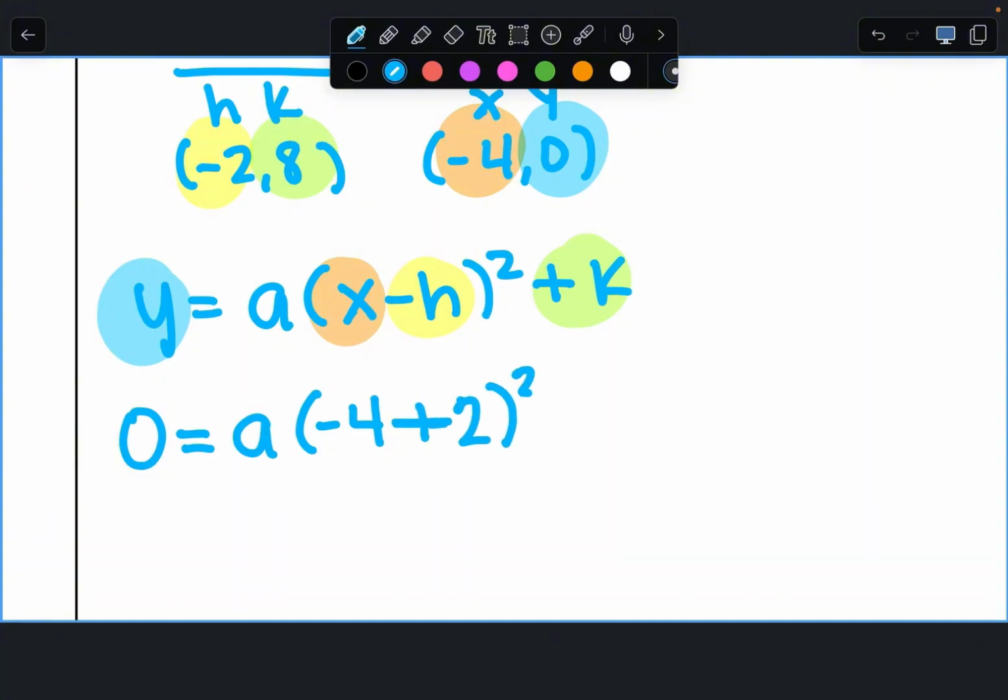Write your squared, and then K is 8. A is now the only variable left in the whole equation. But to solve for A, the first thing you're going to do is take care of this parentheses. Okay. -4 plus 2 is what? -2.